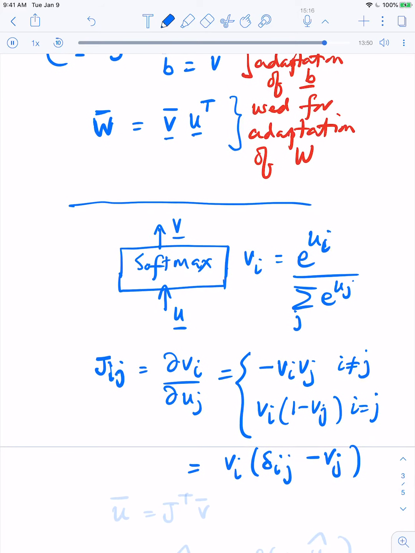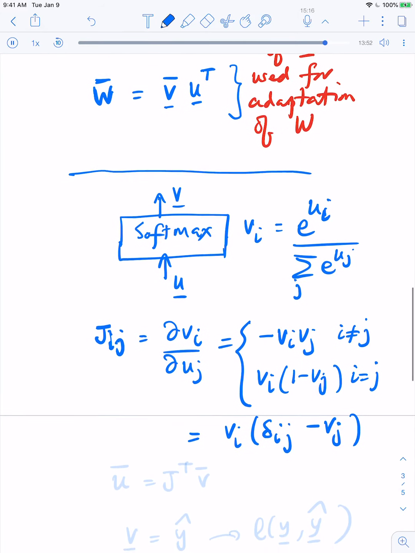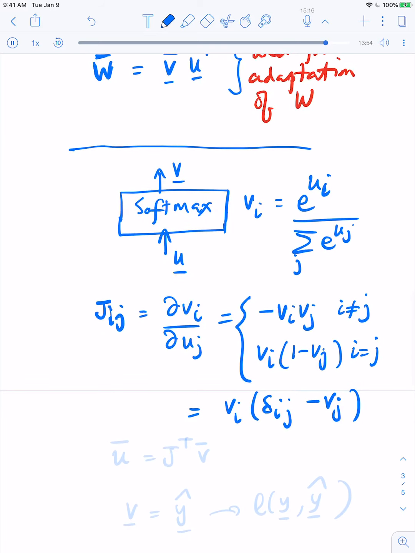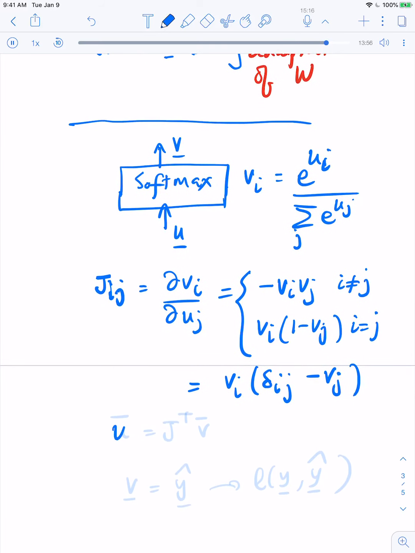And so basically, now that you have the Jacobian, U bar is going to be J transpose V bar. And here the V is directly going into the loss function. This V business is just the y hats that we had before, right?